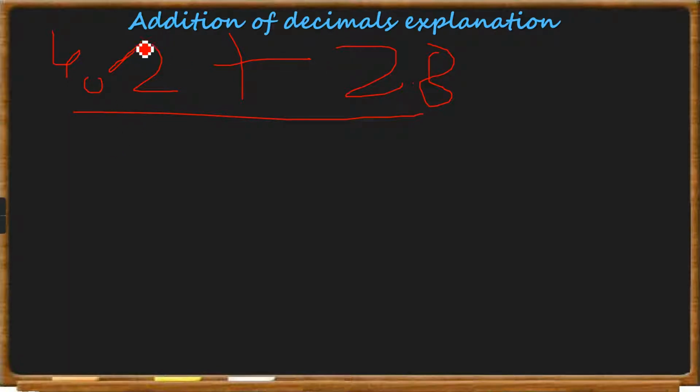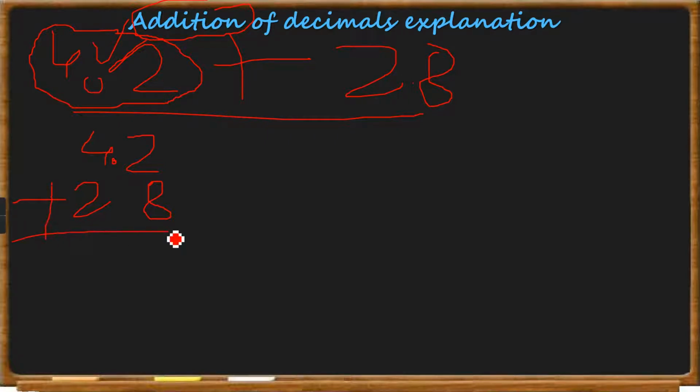You need to remember that always the greatest number should be put first. In simple addition, it doesn't matter, but in this you need to put them in descending order. So like this, 4.2, and then after that write 2.8. Put a plus and start calculating.